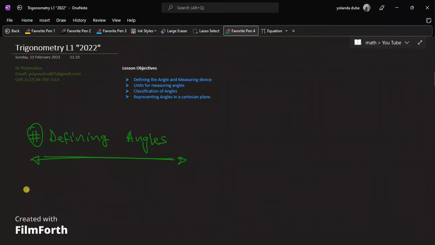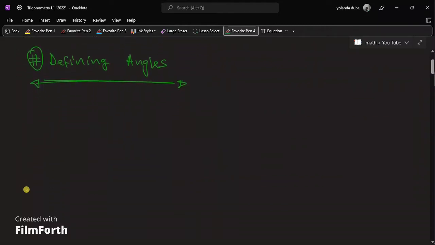For me, trigonometry is just the subject which deals with angles and functions which can take up those angles and produce real numbers out of all that. So it's very important to understand the fundamentals of this subject, which are angles and the functions that accept those angles. So the first thing that we're going to do now is to define what it is that we call an angle in mathematics.